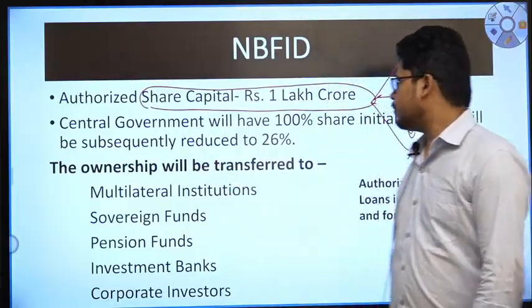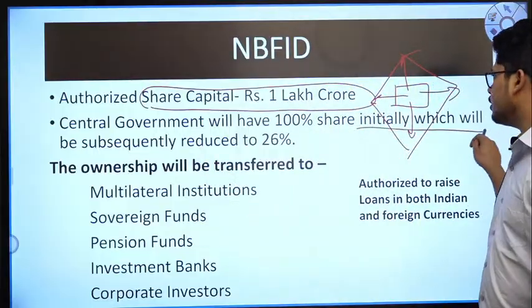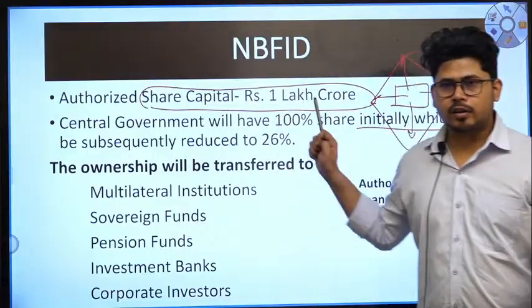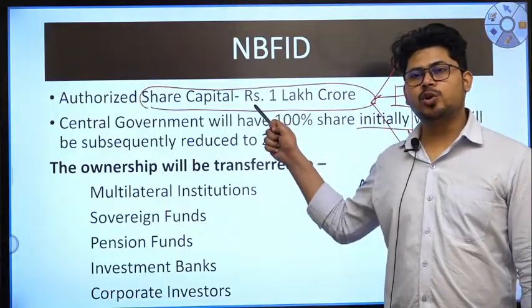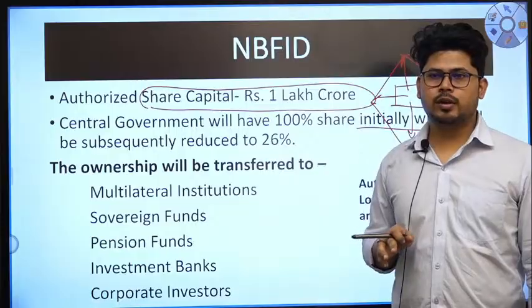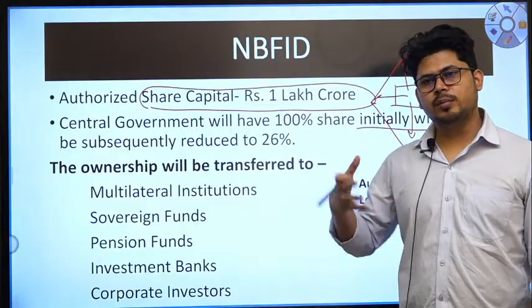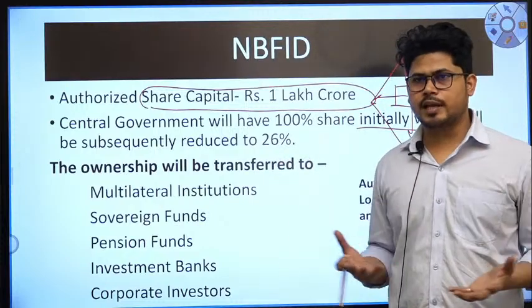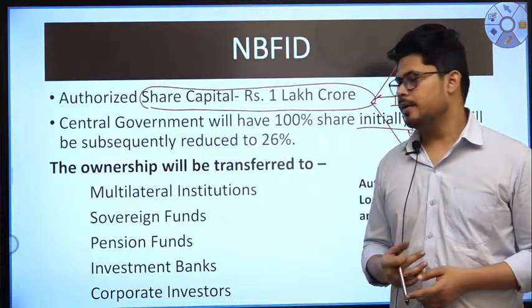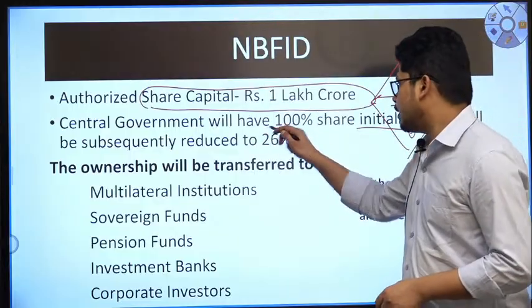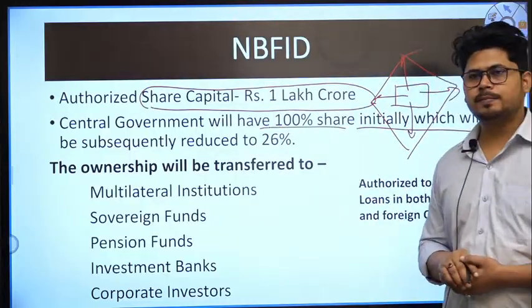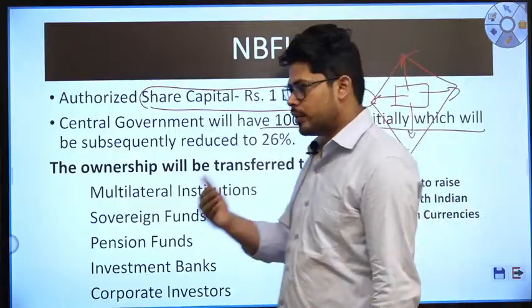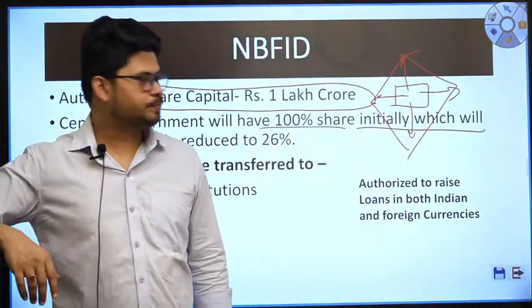Now the central government will have 100% share initially, that is, in the very start it is not going to become a 1 lakh crore rupees bank. Okay, in the starting it will start from a smaller value and then it will gradually transform into a 1 lakh crore share capital bank. Fine. So the central government will have 100% shareholding initially. ठीक है, जितना भी शेयर इन्वेस्टमेंट करेगी वो सारा गवर्नमेंट करेगी.